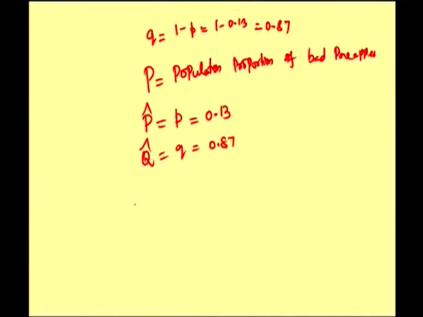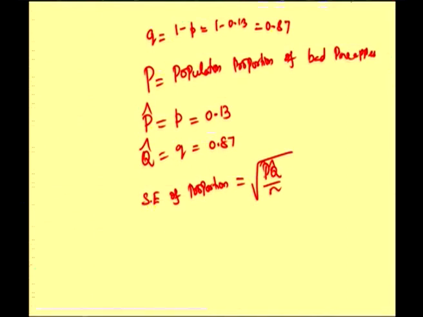Now, you are asked to find out the standard error. The formula for the standard error of proportion is root of PQ by n. Since capital P and capital Q values are not given, we will take their cap values.